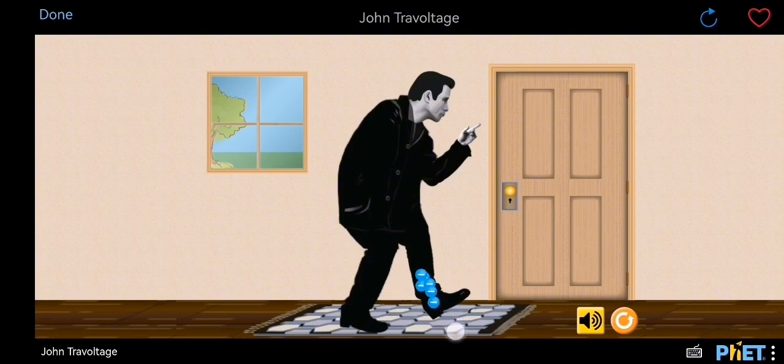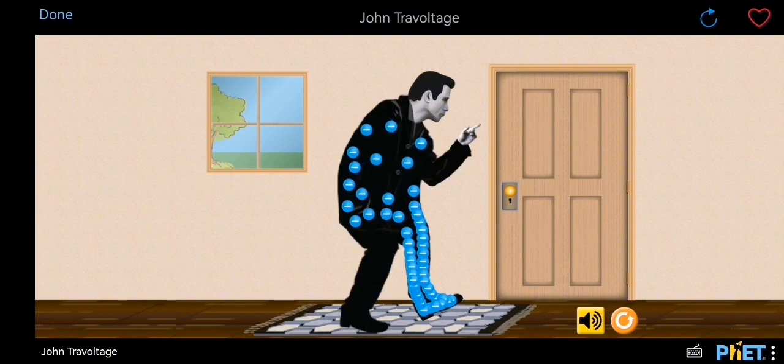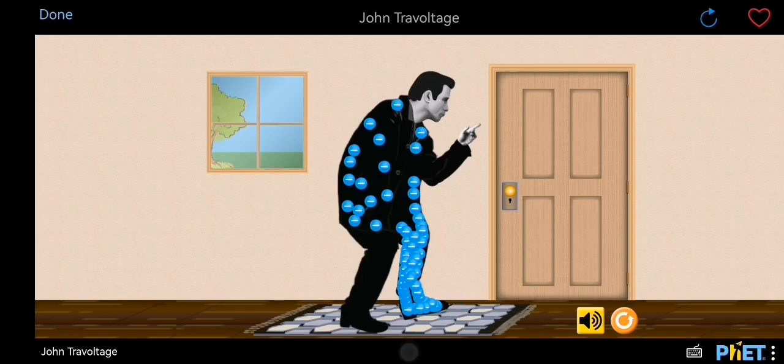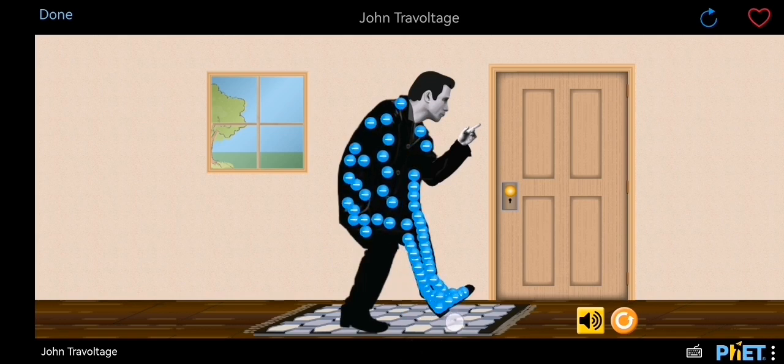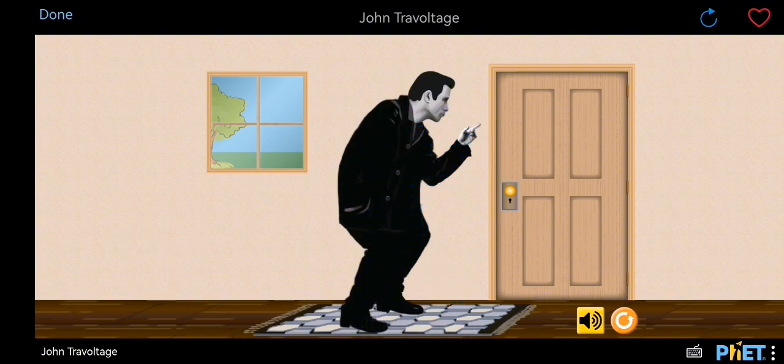Because as we rub the foot of a person on the rug, there is something that we call friction, and this friction triggers the transfer or flow of electrons from the rug, and these electrons are attracted to the metal doorknob. That is why they flow or transfer to the metal doorknob in a form of electricity.